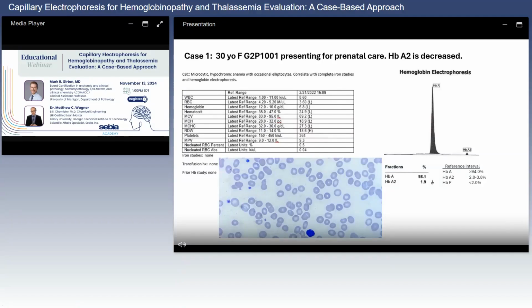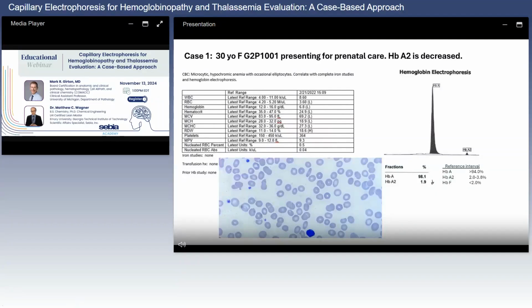So in this case, when we look over at the CBC data in the top left, we see an anemic patient with a hemoglobin of 6.8, and her MCV is decreased at 69.2, so that would be a microcytic anemia. And we see a CBC description above the CBC data that describes the smear micrograph at the bottom.